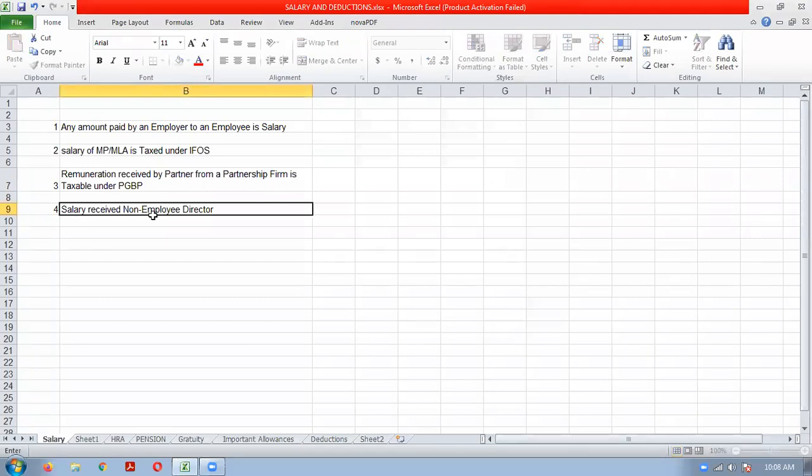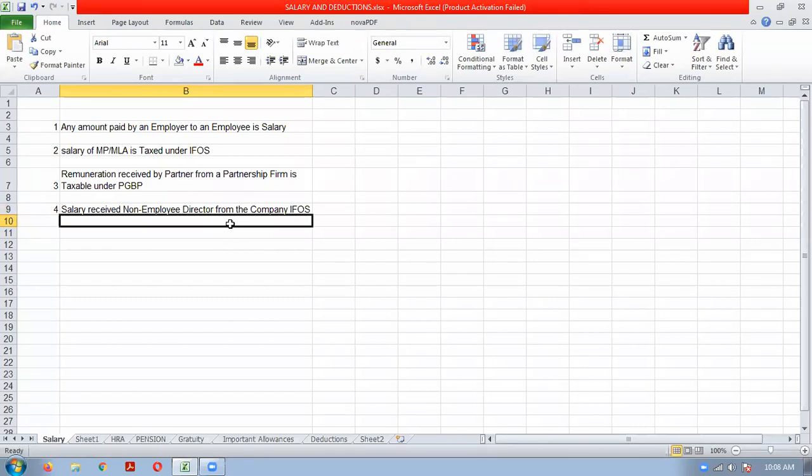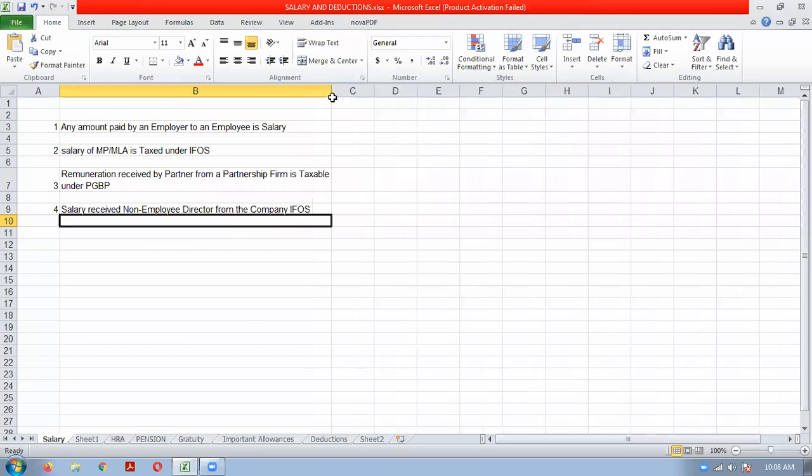So if any salary is received by a non-employee director from the company, it will be taxed under income from other sources. They are non-employee directors, so their income will be taxed under income from other sources.